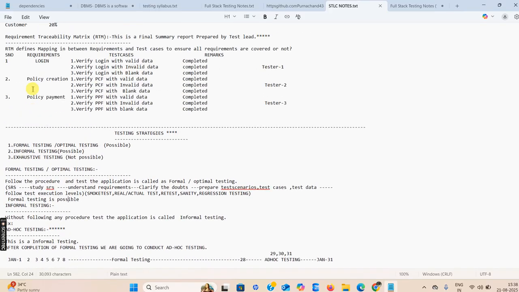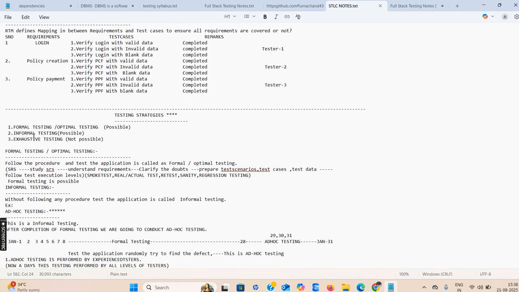We can check that out. So there are three types of testing strategies: formal testing, informal testing, and exhaustive testing. Formal testing is following the procedure and testing the application. Informal testing is testing the application without following the procedure. And testing each and every possible input, which is not possible, is called exhaustive testing.